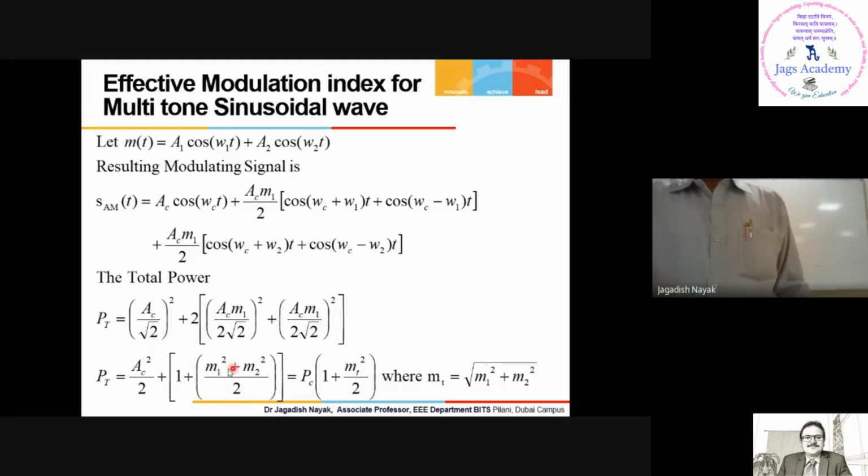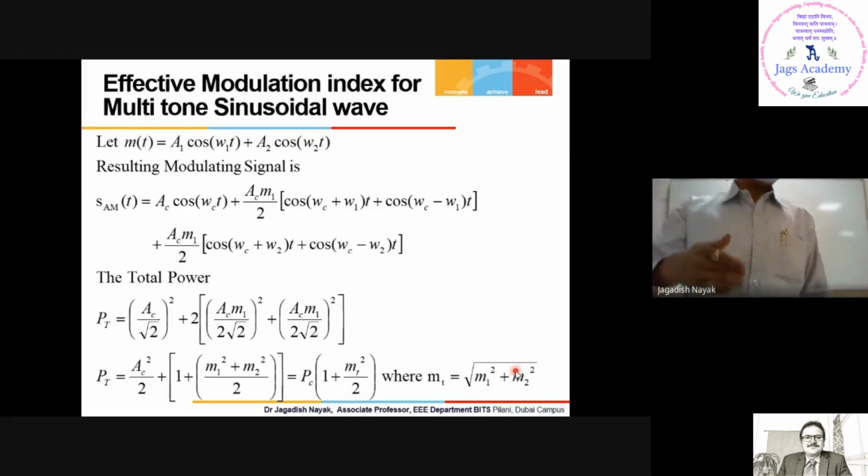This can be regarded as mt square, where mt is equal to the square root of m1 square plus m2 square. These are called modulation indices. You understood now? These expressions are very important.